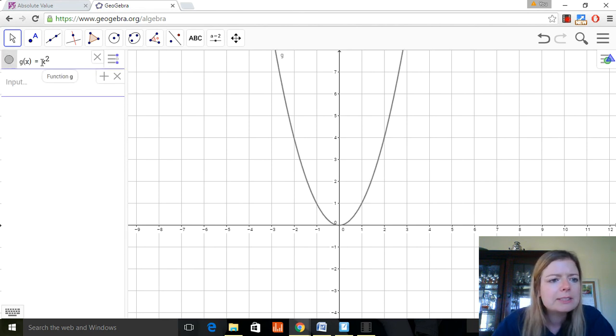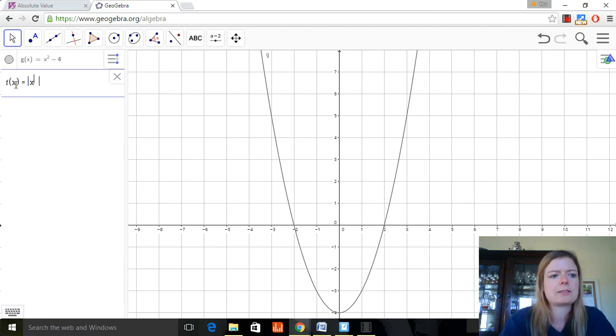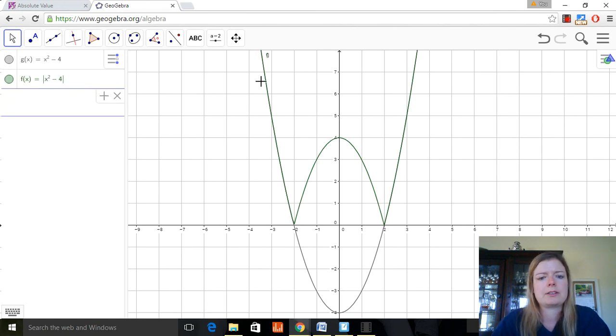It's being a little bit persnickety there. So there we go. Minus 4. There's our x squared minus 4. And then we can do the absolute value of x squared minus 4. And there you'll see it's the green, okay, which is what we just drew.